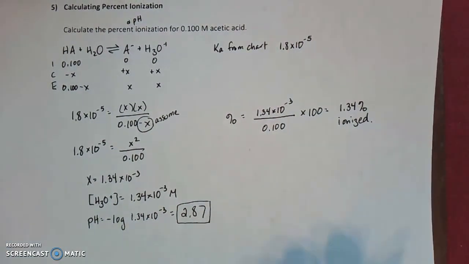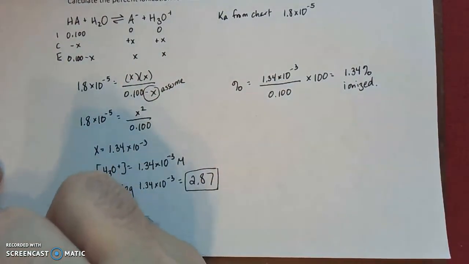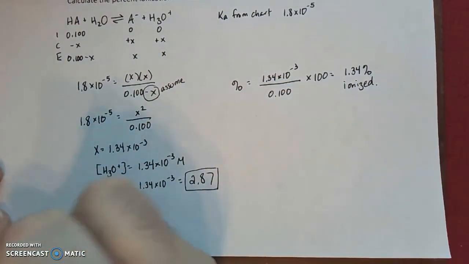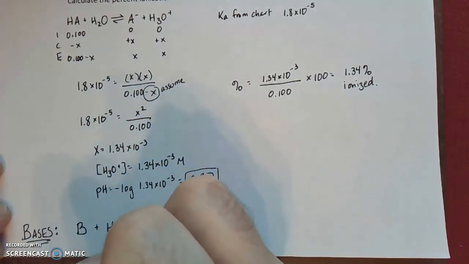So with all of these problems, we have calculated these for acids, but they also work for bases. So with these, if we have a base, the general equation is as follows.